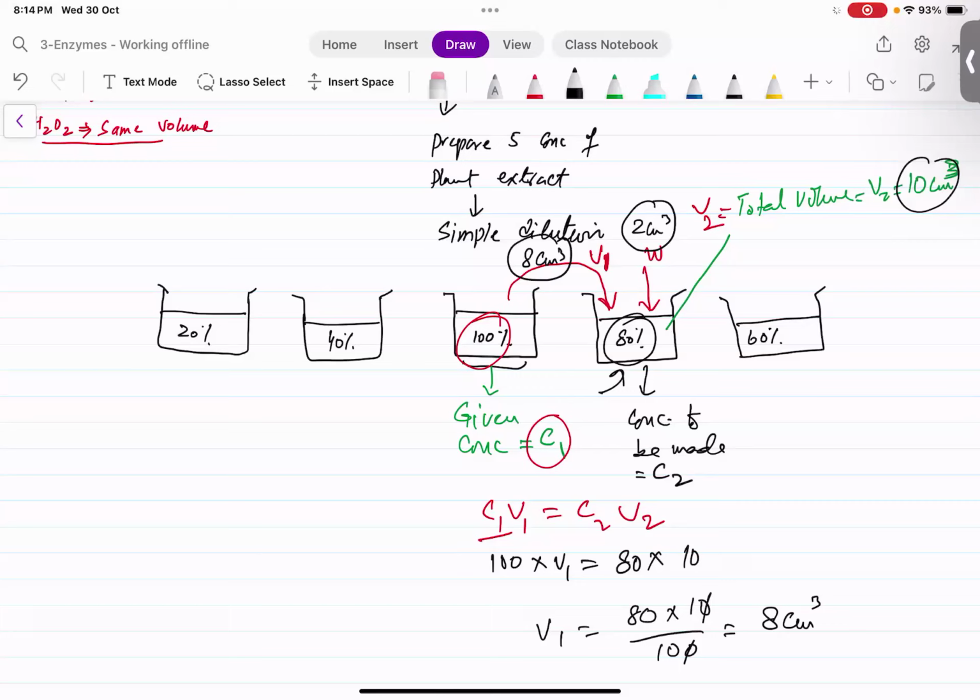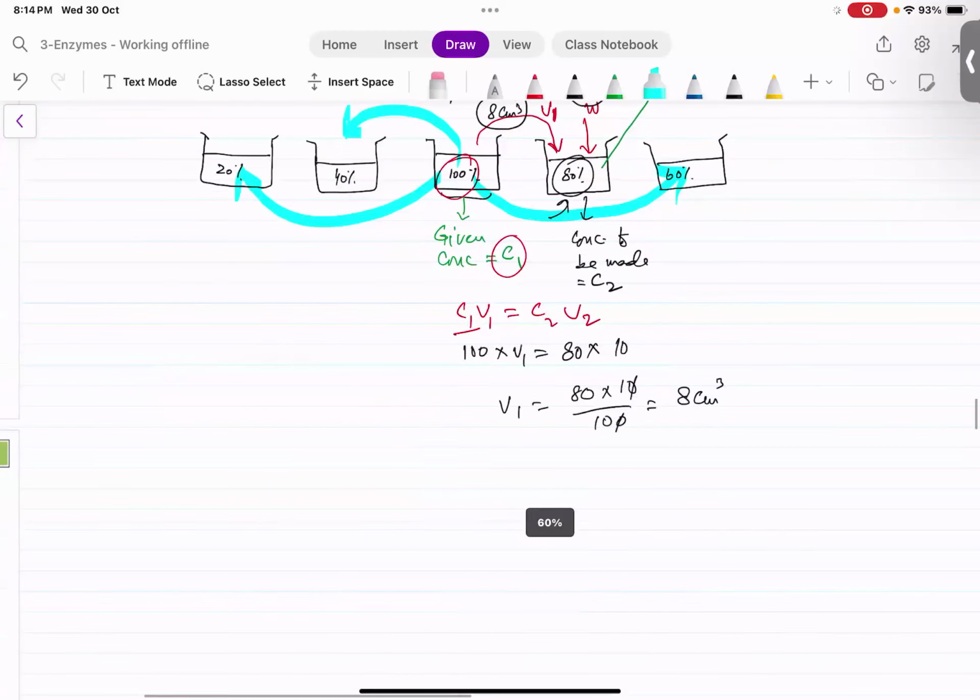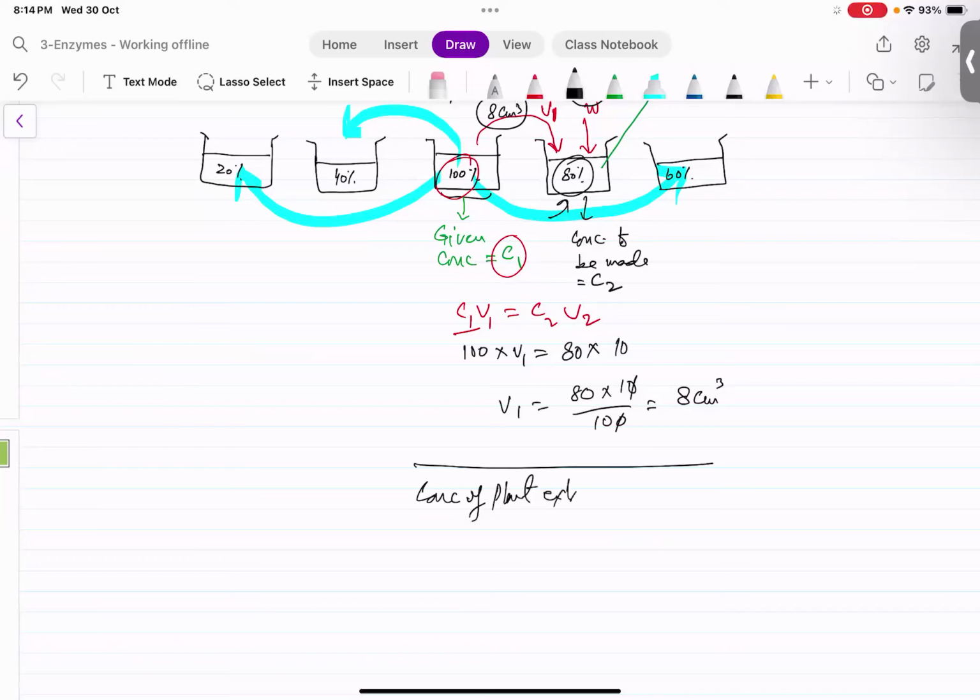And similarly, we can calculate it for maybe this solution. And then for this, we can make calculations for these two. And this makes a table here. We will have concentration of plant extract in percentage.